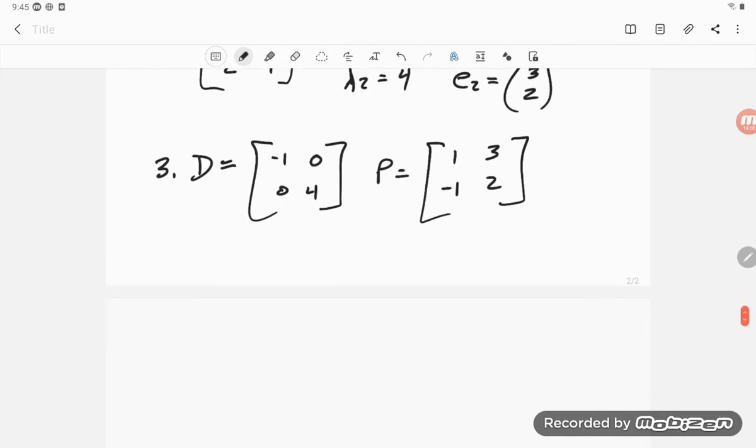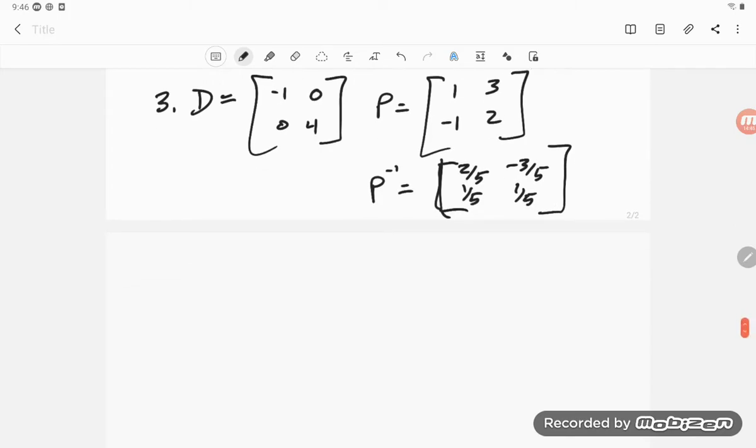Now for that P matrix, P inverse was equal to 2/5, minus 3/5, 1/5, and 1/5. Okay, so there I have my D, P, and P inverse.